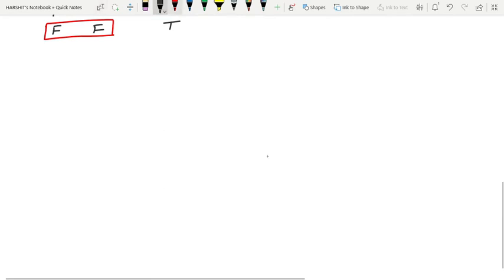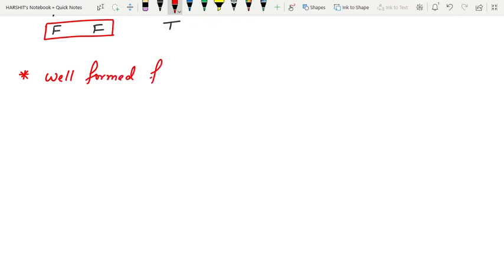Now let's understand one more term, that is well-formed formula. So we are going to learn what is a well-formed formula. In short we write WFF, well-formed formula. So what is a well-formed formula?